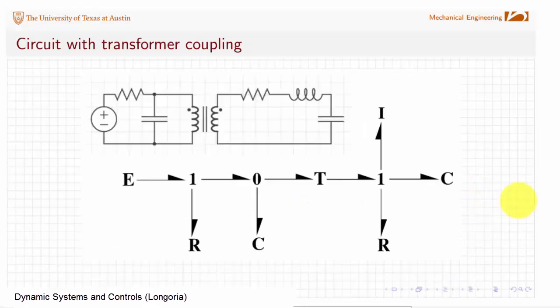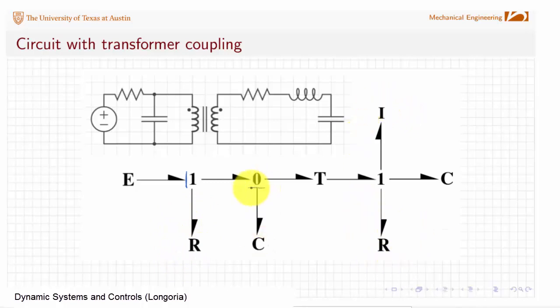Last example in this set is a little circuit here with another ideal coupling element. Here's the transformer here. You've got a voltage source, resistor, capacitor in parallel, and then an LRC circuit. Okay, so 1, 2, 3 energy storage elements. Again, this is going to come out independent, I can expect. Let's see, the input effort at the 1, so I'm free. Again, you don't focus on resistive elements, go to the energy storage elements.